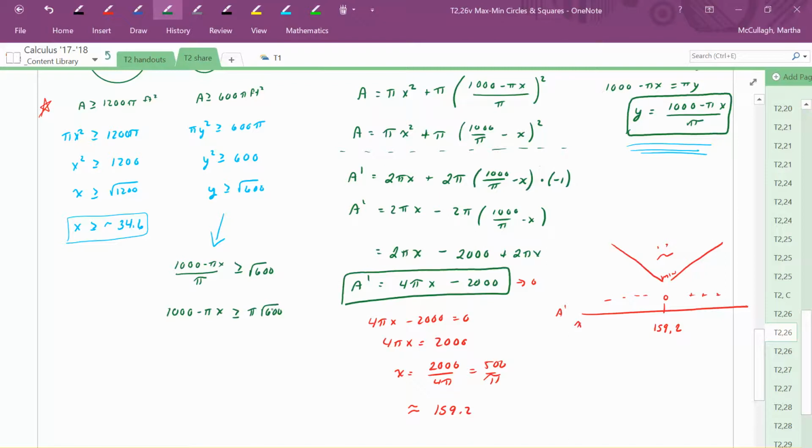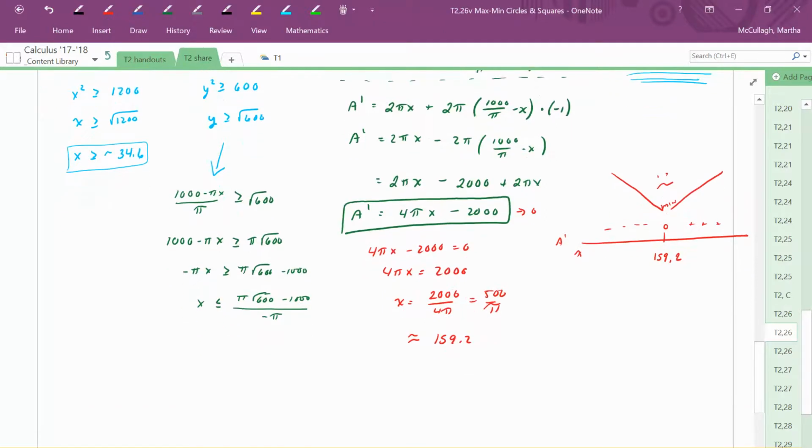Subtracting the 1,000, negative pi x is greater than or equal to pi root 600 minus 1,000. Divide by a negative pi, and x is less than or equal to (pi root 600 minus 1,000) all over negative pi. Note that I've changed the direction of the inequality because I've divided by a negative.